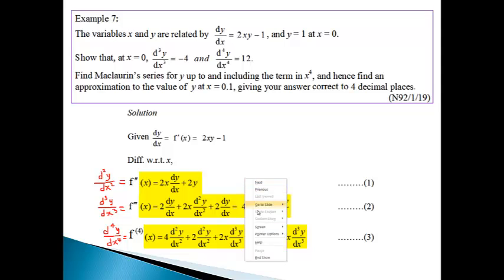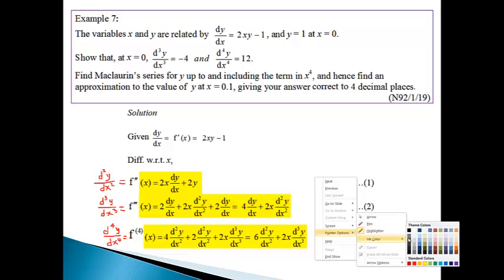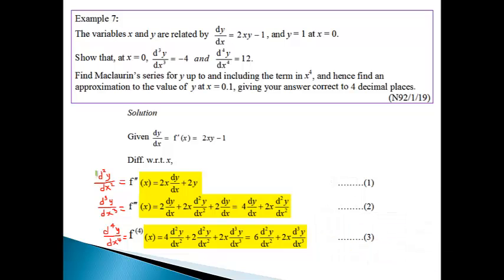So once we arrive at equation 1, which is d²y/dx² equals 2x dy/dx plus 2y, we're going to differentiate this equation implicitly again, and we'll arrive at equation 2.